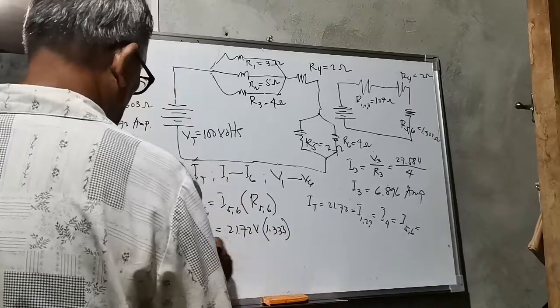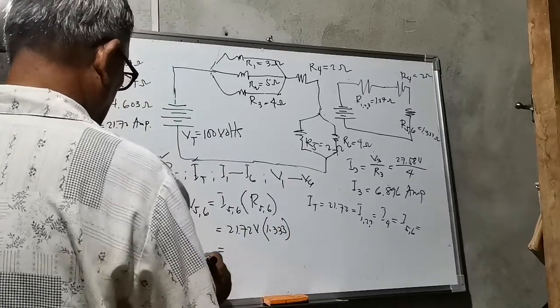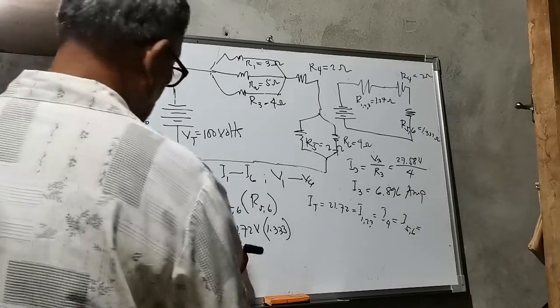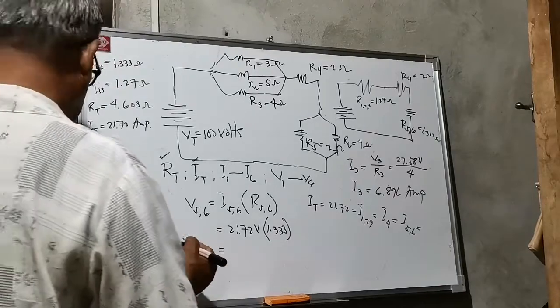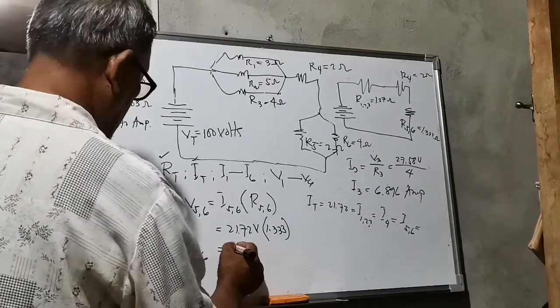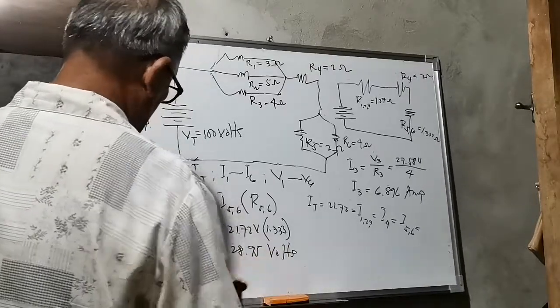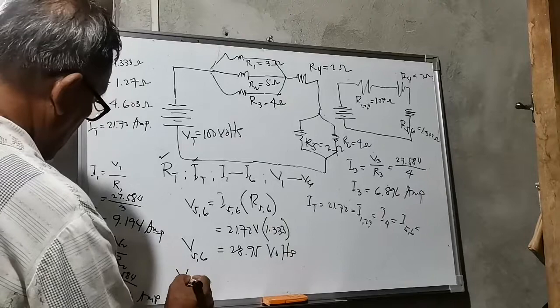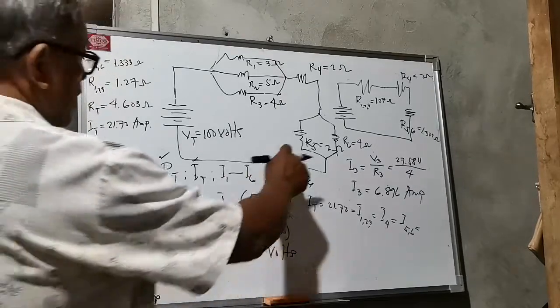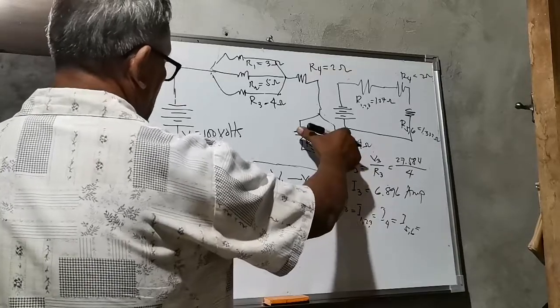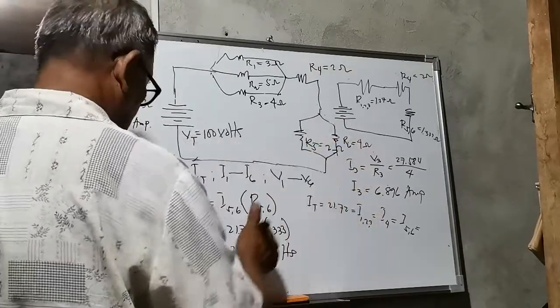1.333 will give us the value of voltage 5 and 6 to be 21.72 times 1.33, which is 28.95 volts. Since resistors 5 and 6 are connected in parallel, the voltages here are equal.